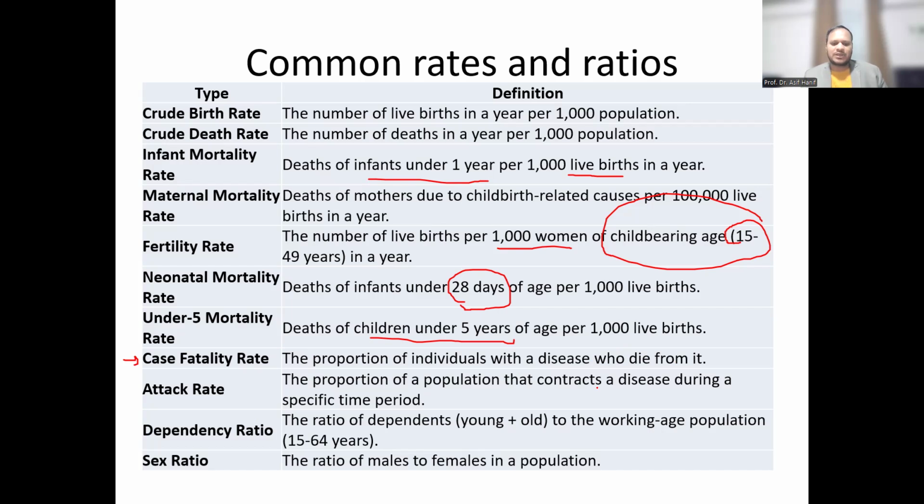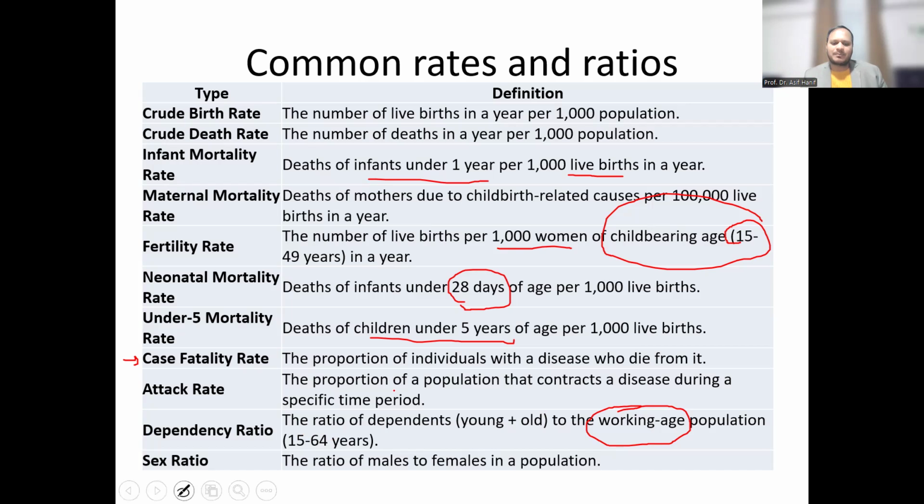Dependency ratio: the ratio of dependents, young plus old, to the working-age population. Working age is considered from 15 to 64 years, so under 15 years is excluded and above 64 years is excluded.